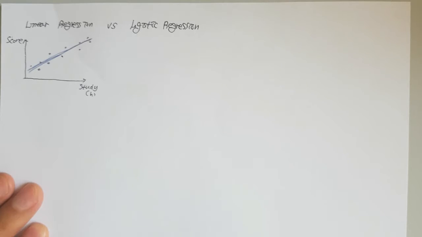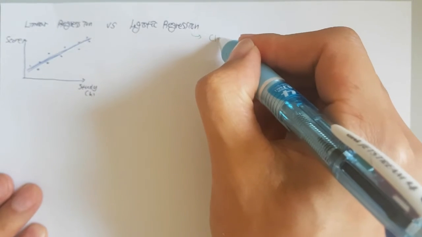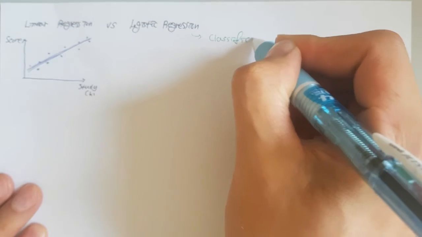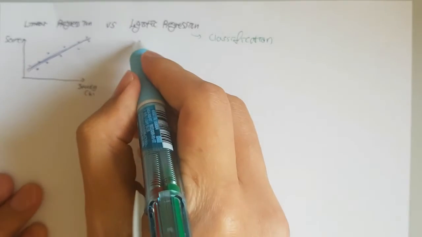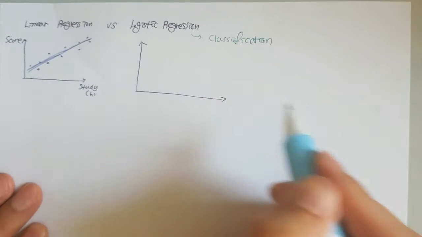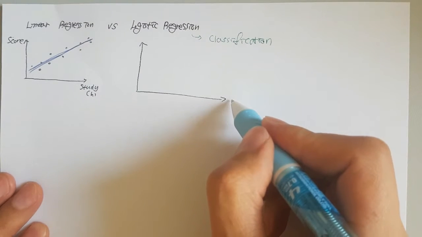But logistic regression is a kind of classification. There are binary or multi-class cases, but in logistic regression, we are classifying the binary case.